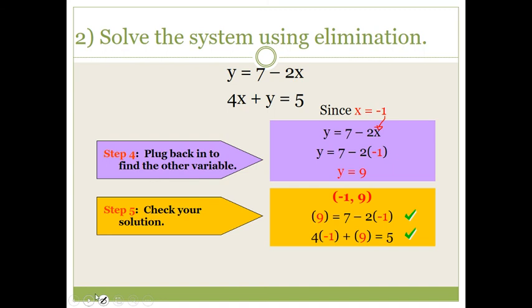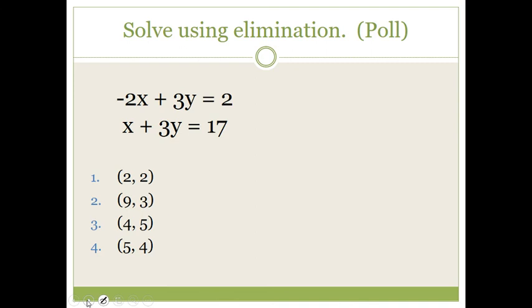And then I check it in the second equation, so I replaced x with -1 and y with 9, and then I simplified and got that -4 plus 9 is in fact 5. So this solution of -1, 9 worked, or gave me true statements, in both equations. So I know that it is the correct answer.